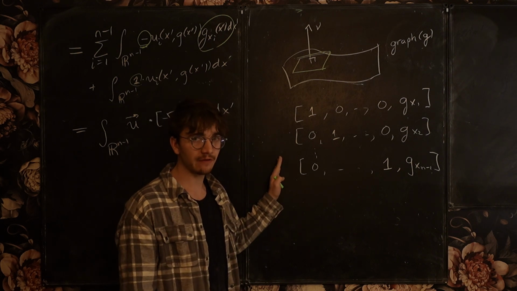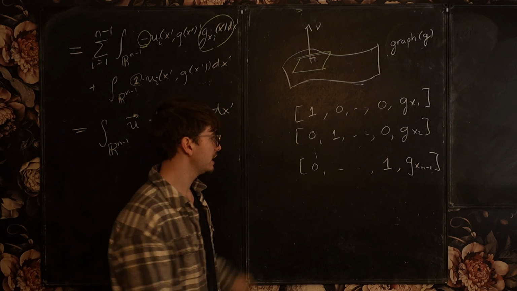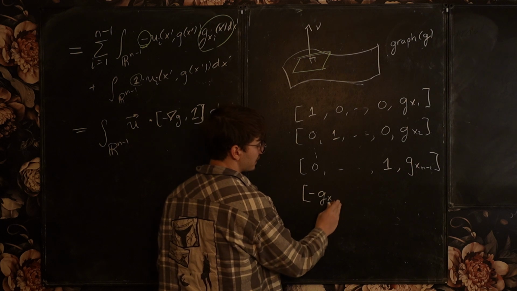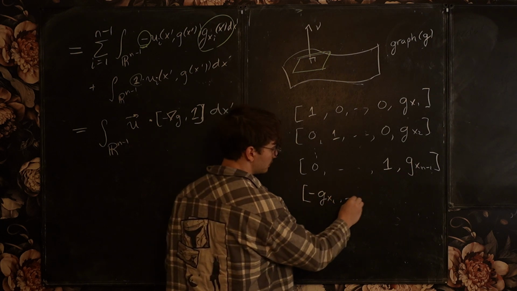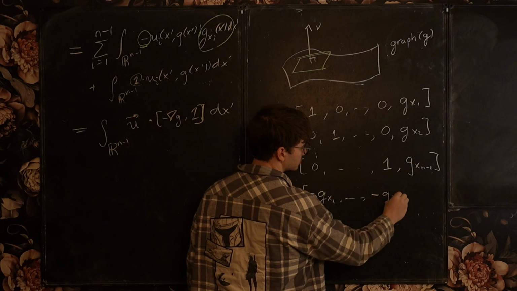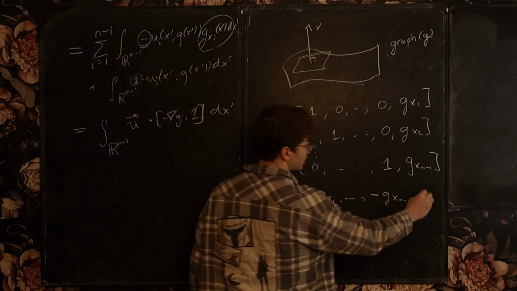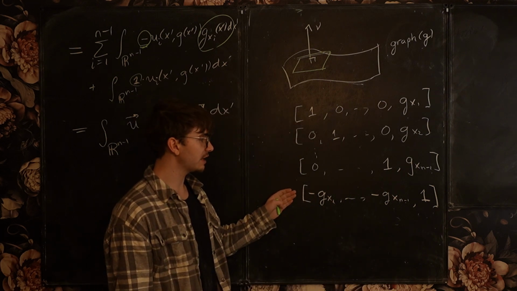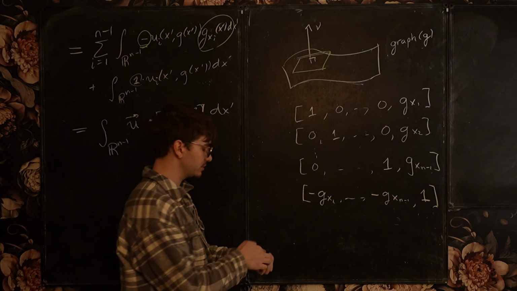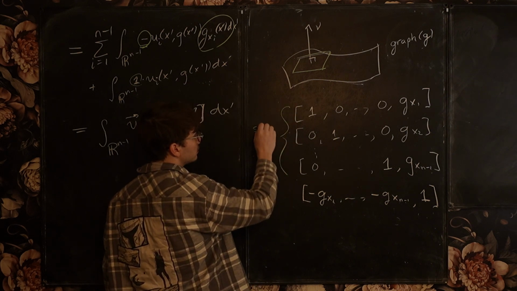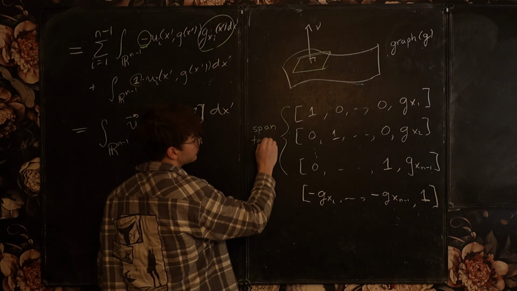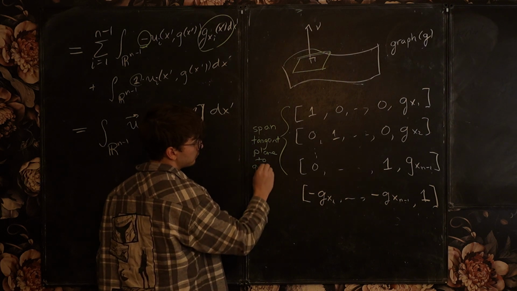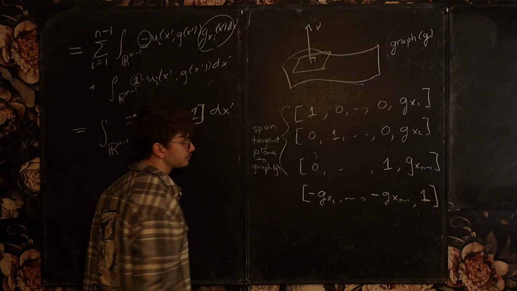Namely, if I take the negative grad g, so the negative partial of g with respect to x1, up to the negative partial of g with respect to xn minus 1, and then I insert a 1 here, then notice that this vector is orthogonal to all of these vectors, and these vectors span the tangent plane to the graph of g.